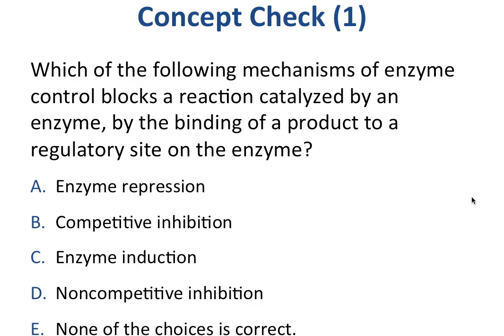So now let's work on this question. Which of the following mechanisms of enzyme control blocks a reaction catalyzed by an enzyme by the binding of products to a regulatory site on the enzyme? So I give you 5 seconds so you can review the previous slides and give me the correct answer.